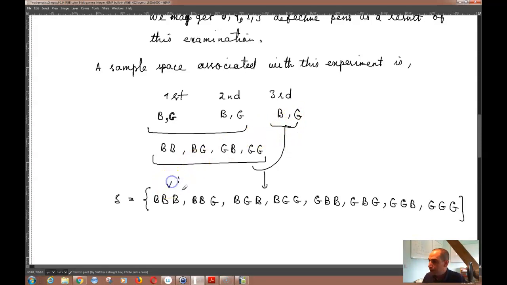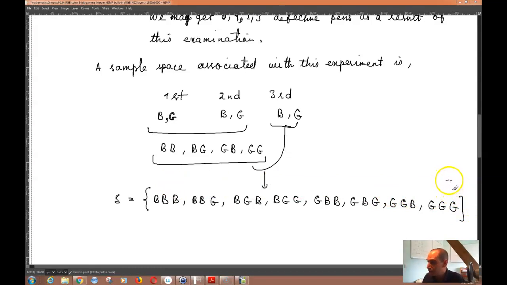So you have BBB, BBG, BGB, GBB, BGG, GBG, GGB, and GGG. That's the sample space associated with this experiment.